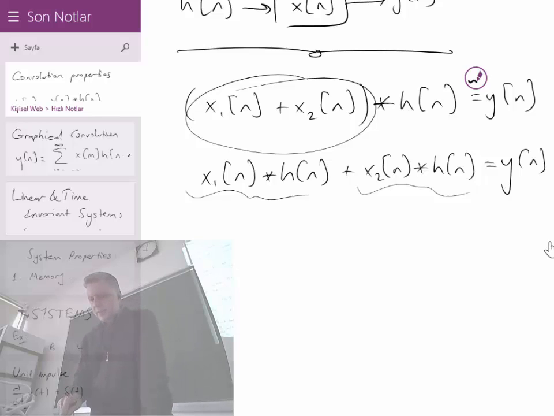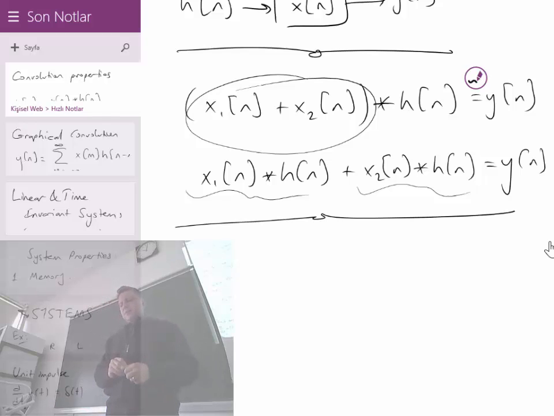This is possible. So in that essence, it's like multiplication with a scale, right? This is a summation and it's distributed. The previous was the commutative property. You can interchange. The h and x can commute. This is the distributive property where convolution is distributed on summation.